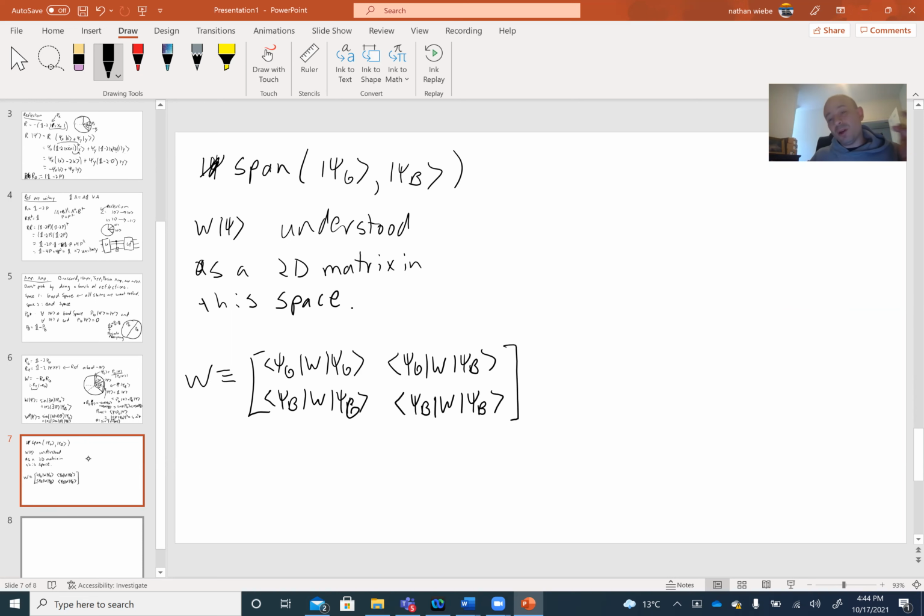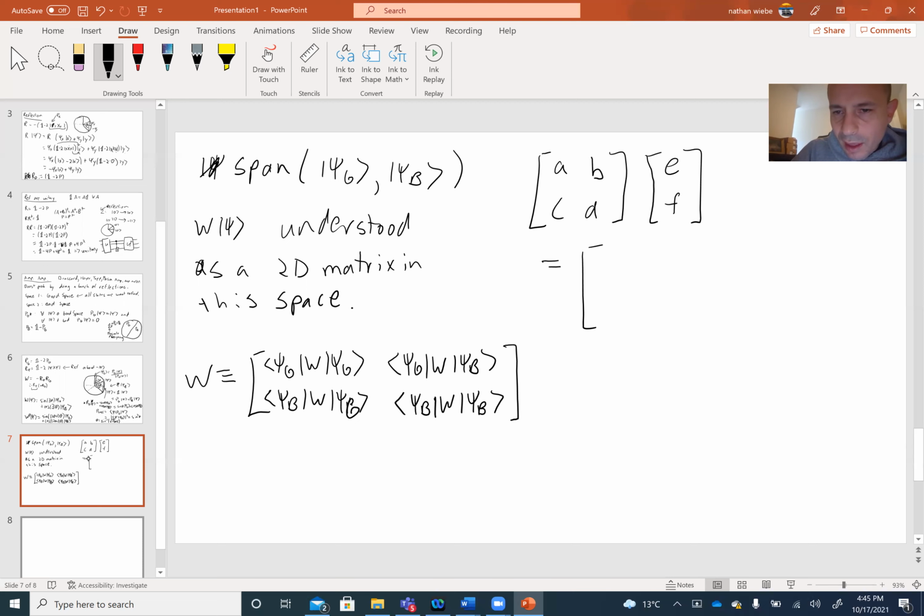Okay, now you might wonder, why that particular form? Why the psi g's on the left? Well, if we just did matrix multiplication, let's say we had A, B, C, D acting on a vector E, F, what we end up getting is AE plus BF, and then CE plus DF.